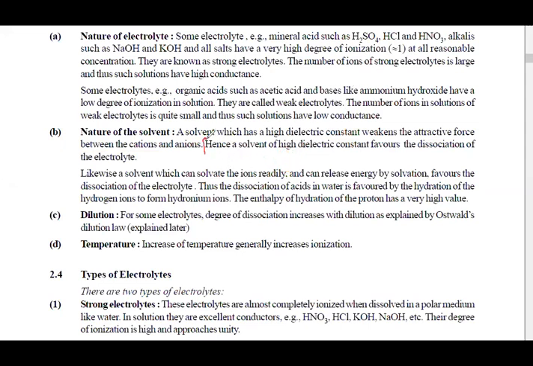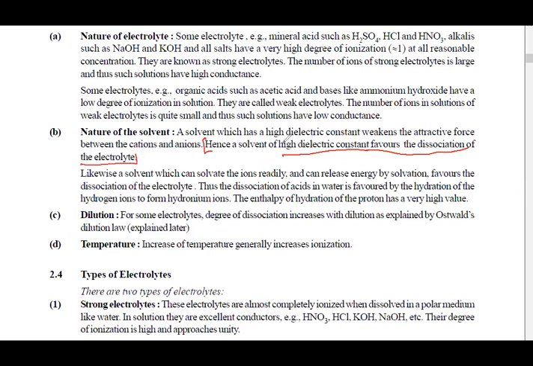Just remember this line, because most of you might not know what a dielectric constant is. That's the issue here. It is studied in class 12th, so for now it will not be asked, except for the advanced exam.